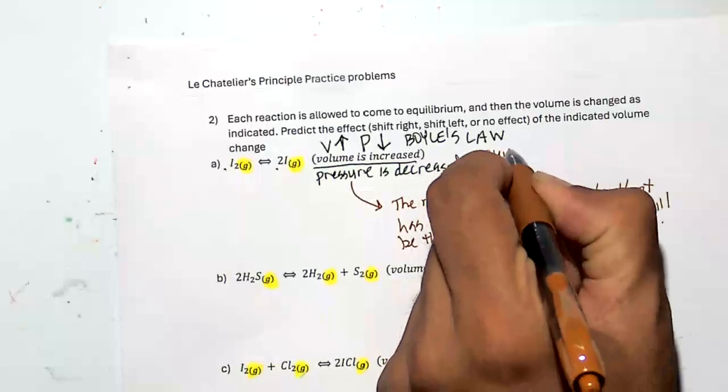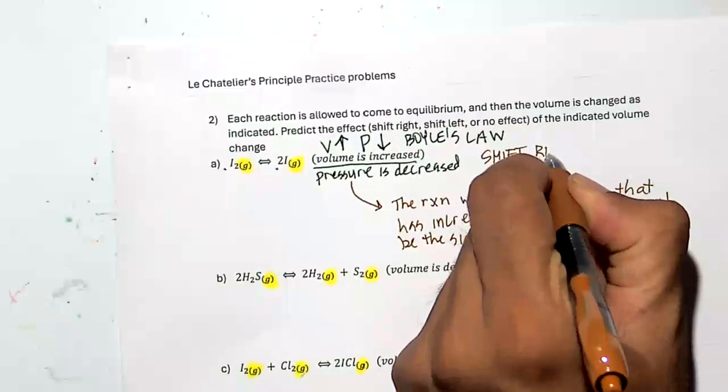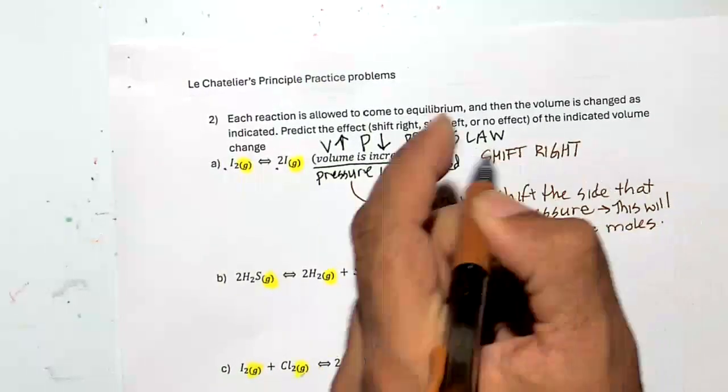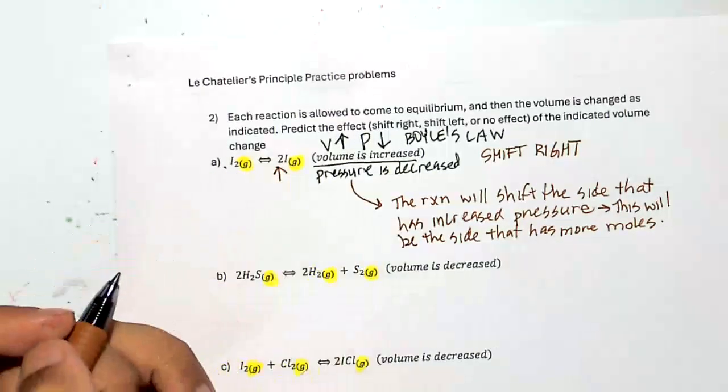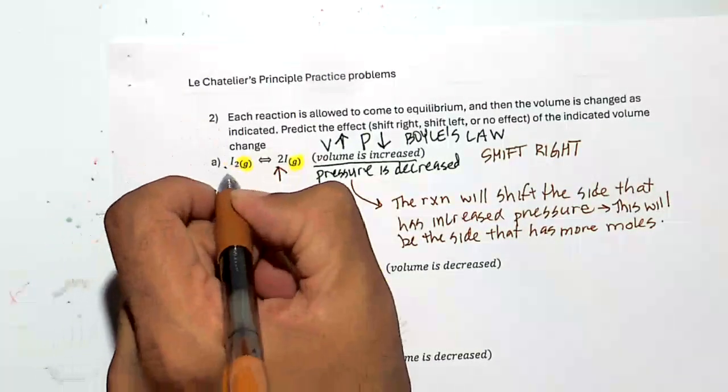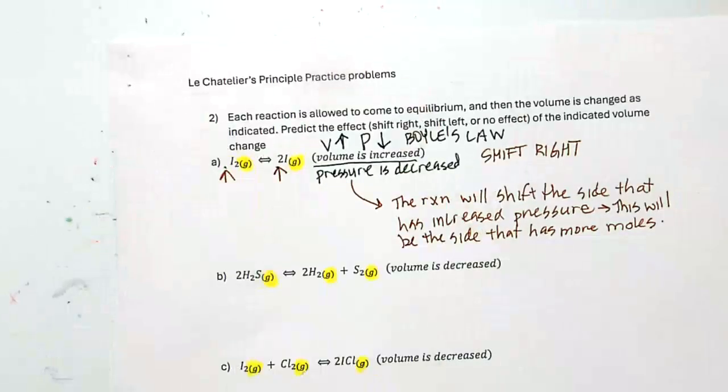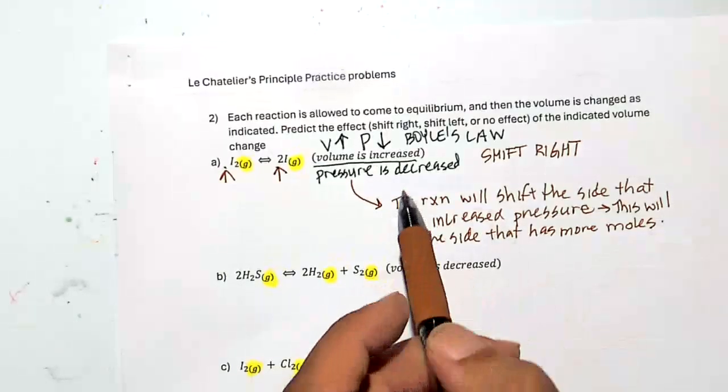Product side. Why is it shifting to the right? The right has 2 moles, the number out in front, whereas the left has only 1 mole. 2 has more pressure than 1. 2 people in a closet have more pressure than just 1 person alone in a closet.